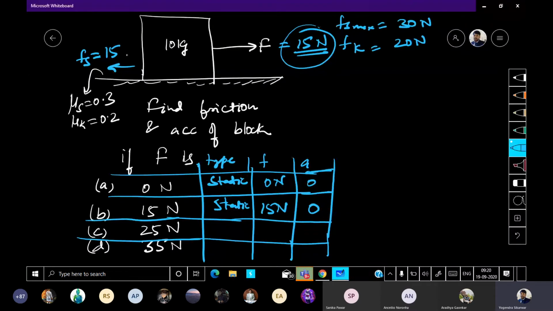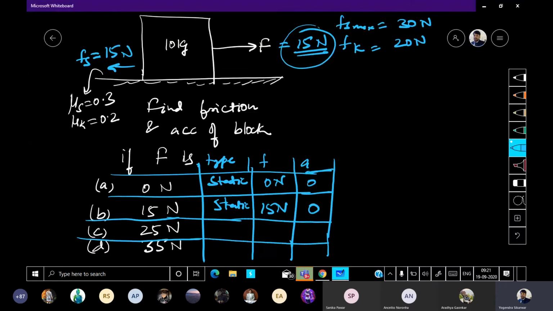So static friction will exert 15 Newton in the backward direction, and the block will not be allowed to move, because 15 towards the right, 15 towards the left, net force is 0, and as net force is 0, the block will not move. Yes, sir. Understood, sir. So this is when F is equal to 15 Newton.